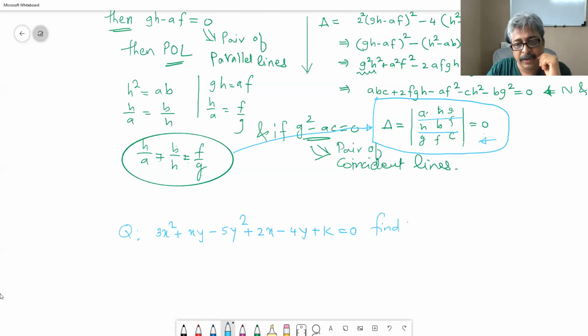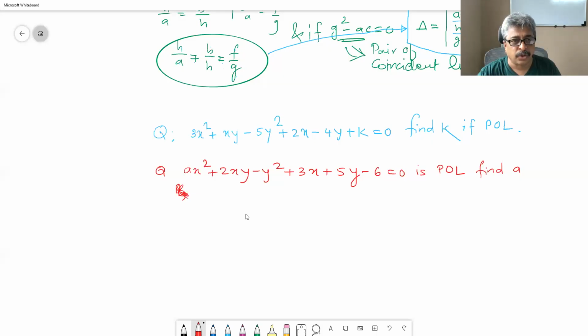Find k if POL. Okay. Next is ax square plus 2xy minus y square plus 3x plus 5y minus 6 is equal to 0 is a POL. Find the value of a.